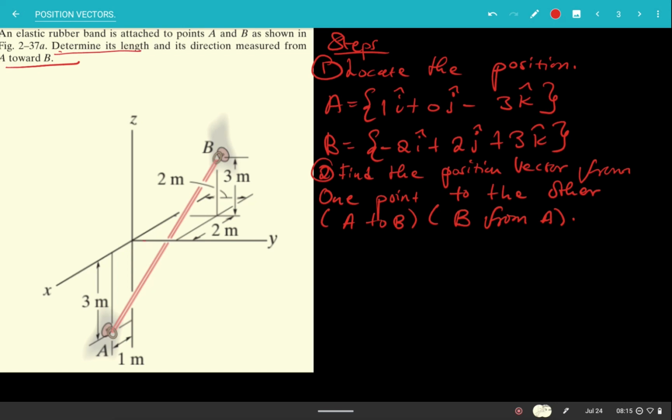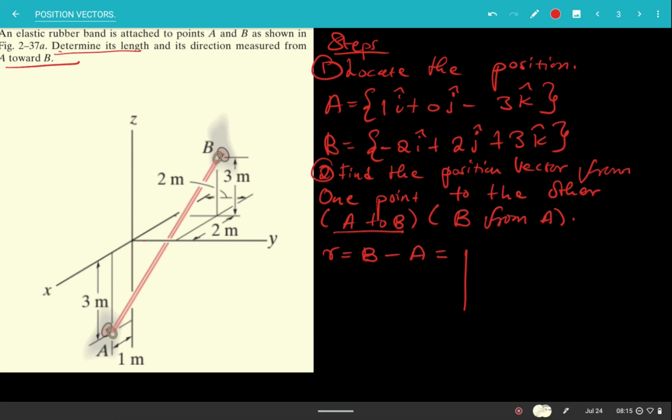So to find the position vector, which is denoted with R, be mindful when they say A to B, this means it's B minus A. A to B, that is B minus A. But if they said B to A, that would have been A minus B. Let's get that right. So A to B simply means we're saying B minus what? A. So it means that the positions in B minus the positions in A.